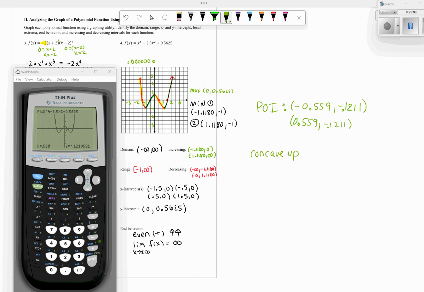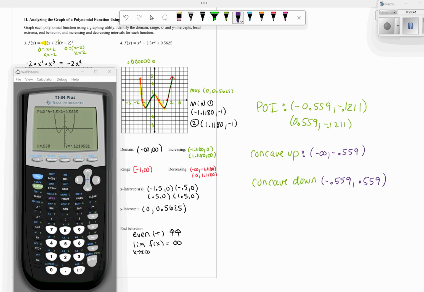So we would say concave up and concave down. Our graph is concave up from negative infinity to -0.559, and then from -0.559 to positive 0.559, we are concave down, because that's, again, this little portion of our graph right here.